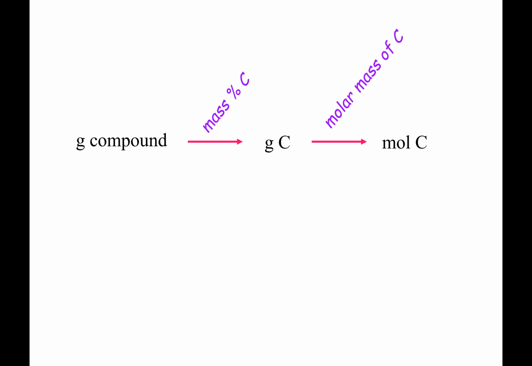And then we can go from, let's see. Then we know that all of those moles of carbon ended up as moles over here. This is going to be the same. So we can use the moles of carbon we have to get to the moles of CO2 using the fact that we have 1 mole of carbon for every 1 mole of CO2.